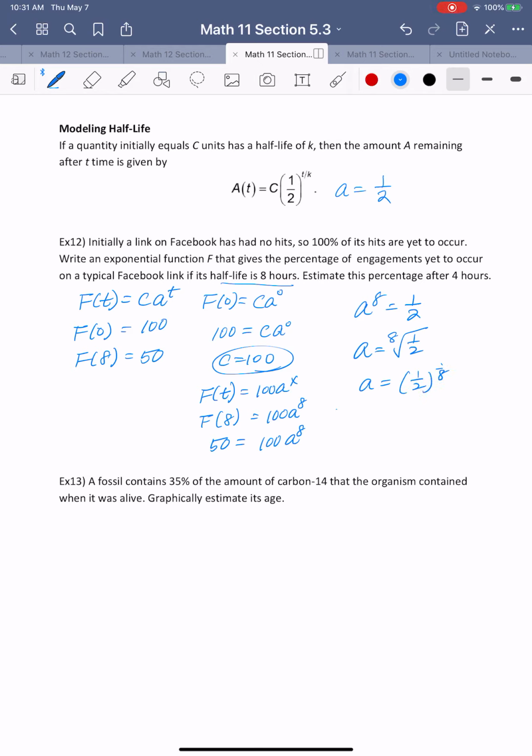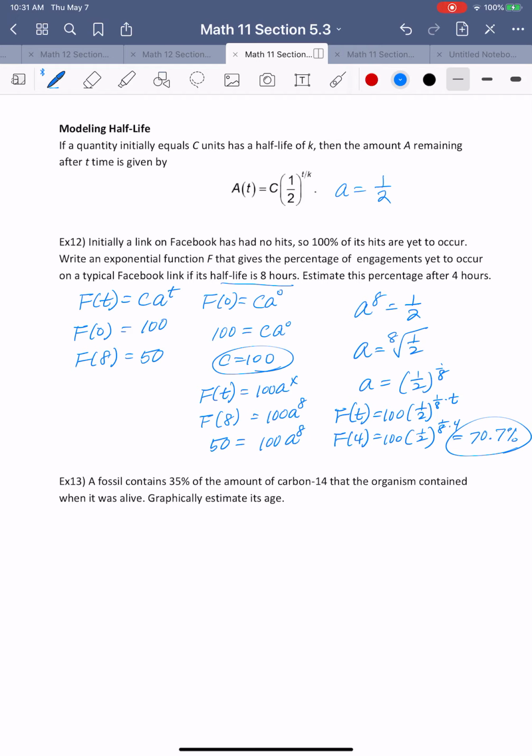So now your function is f of t equals 100 times 1/2 to the 1/8, and then you put on the t. Now we need to find f of 4. What about 4 hours? So 1/2 to the 1/8 times 4 approximately gives you 70.7, which is the percent left.